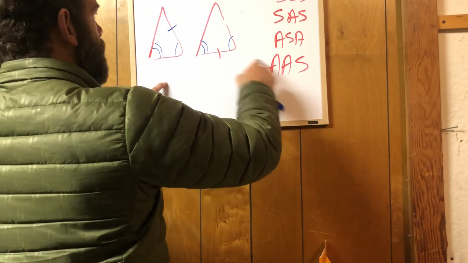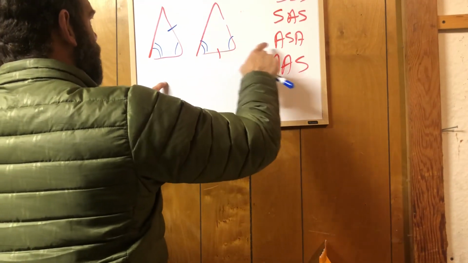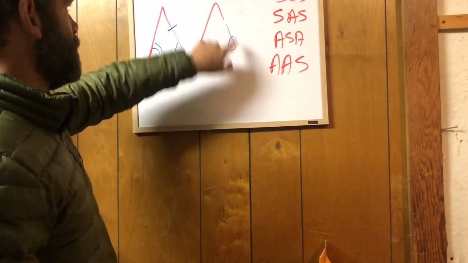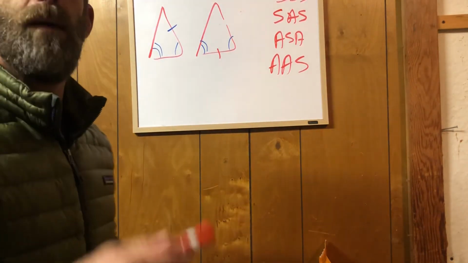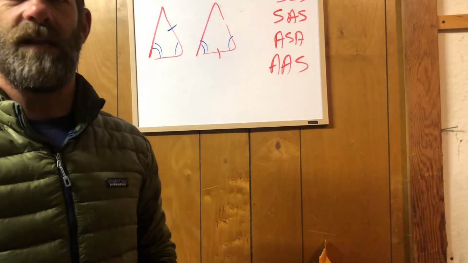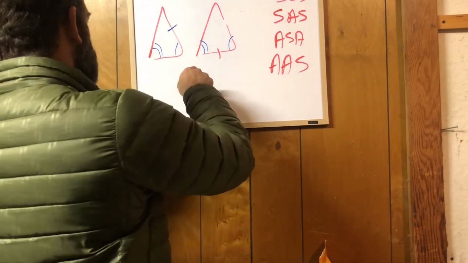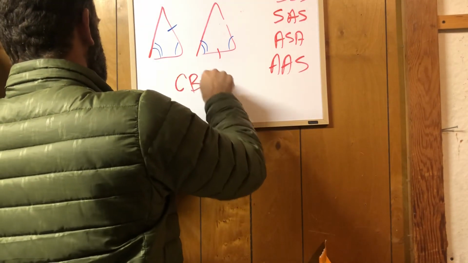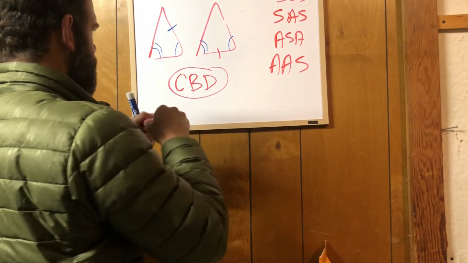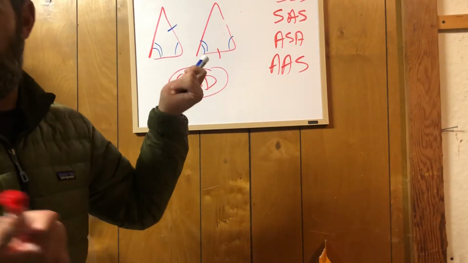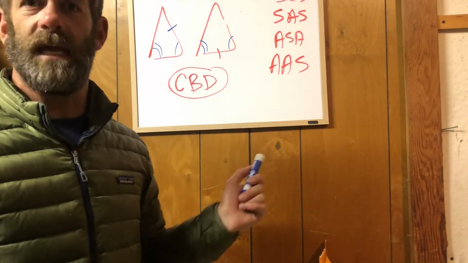This is set up as angle, side, angle. I don't know if this side's the same as this. I don't know if this side's the same as this. But I just know, based off of the information that I'm given, and there's nothing else I can figure out, I would have to say, as of right now, cannot be determined is a justified statement to say that these two triangles, they might be congruent, but I just cannot determine that information.